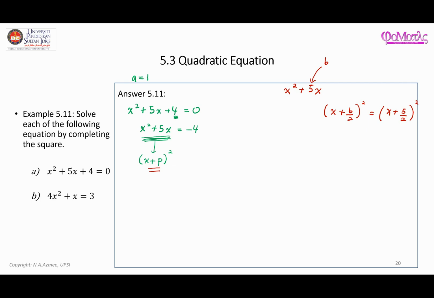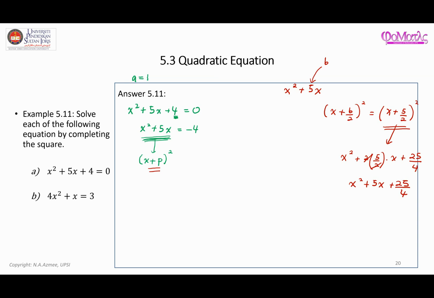Now what is exactly x plus 5 over 2 squared? If you expand this, you can see that it becomes x squared plus 2 times 5 over 2 x plus 25 over 4. So you can cancel this, then it becomes x squared plus 5x plus 25 over 4.